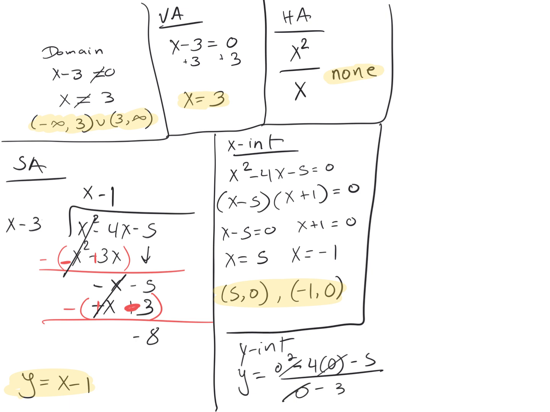All of the ones that have a 0 will cancel these terms, so we're left with negative 5 over negative 3, which simplifies to 5 over 3. Therefore, the y-intercept is 0, comma 5 over 3 for the solution.